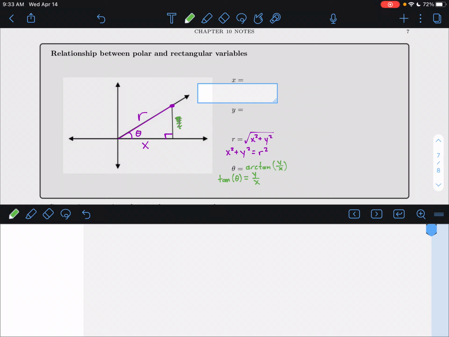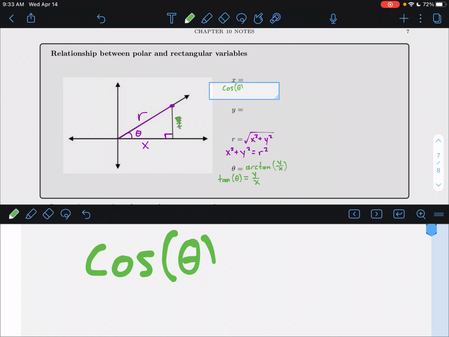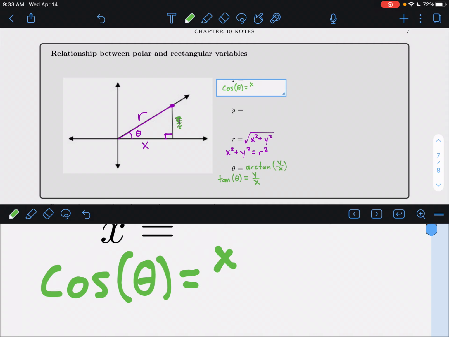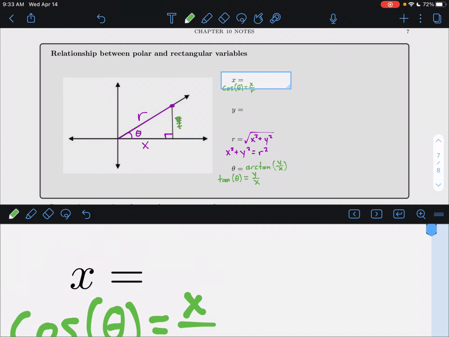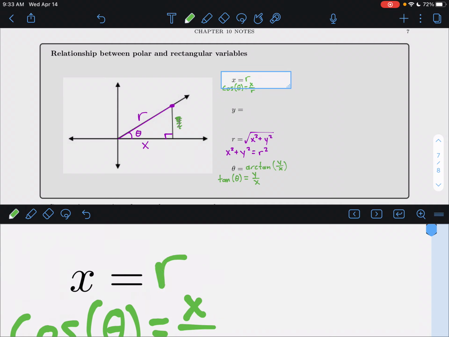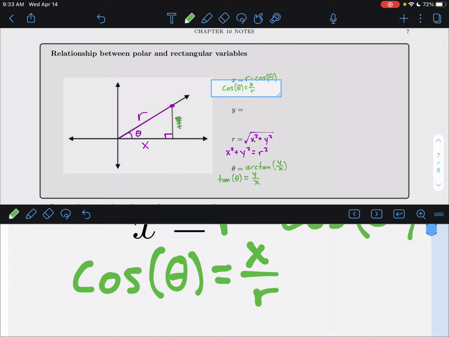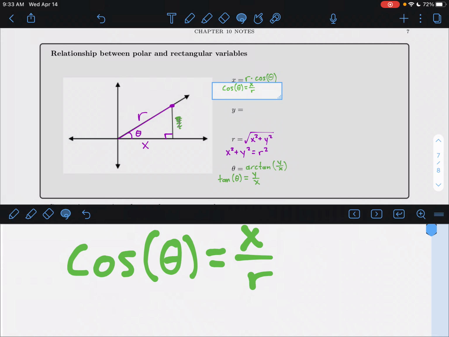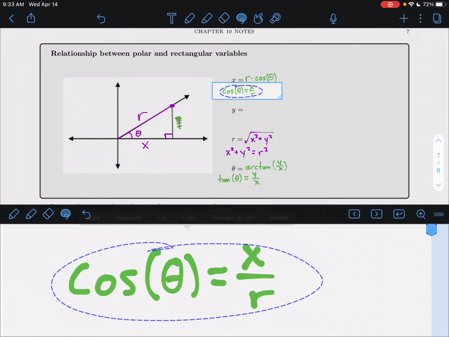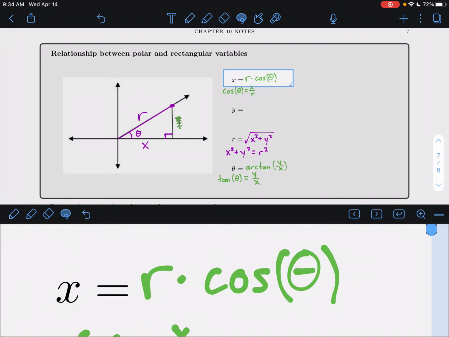I have the adjacent and the hypotenuse, so I'm using cosine. Cosine of theta equals adjacent over hypotenuse, so x over r. So I'm able to say that x equals r times the cosine of theta, if I multiply both sides by r. So x is equal to r times the cosine of theta.